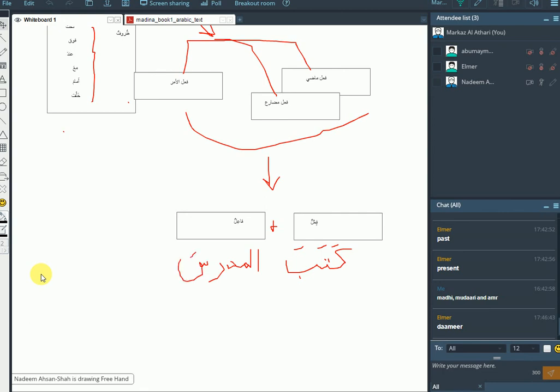Al-mudarrisu. When you saw a dhamma on the end of al-mudarrisu, then immediately you knew that because of this dhamma, it shows that this is a fa'il, the fa'il of this fi'l.